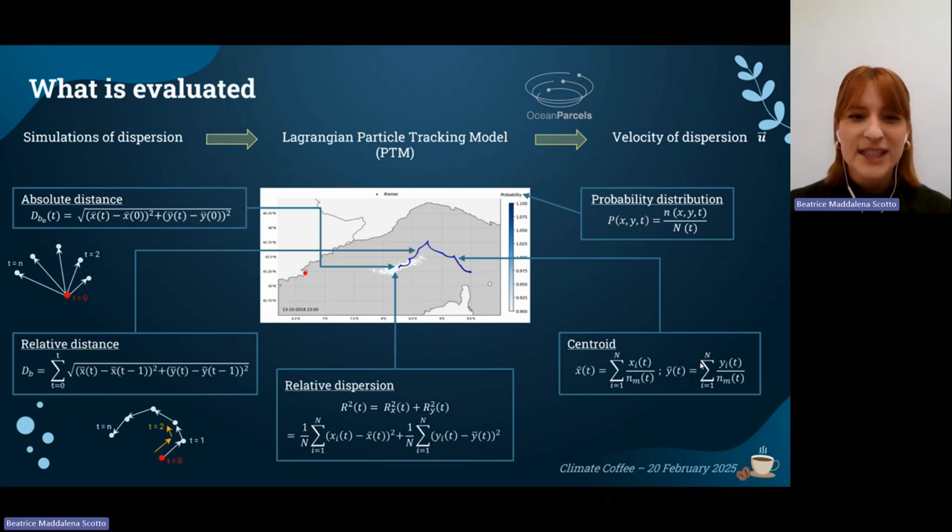So having all this nice code, one for the simulation of dispersion and the other for the evaluation of the oil spill, we needed some real case to validate what we have created.